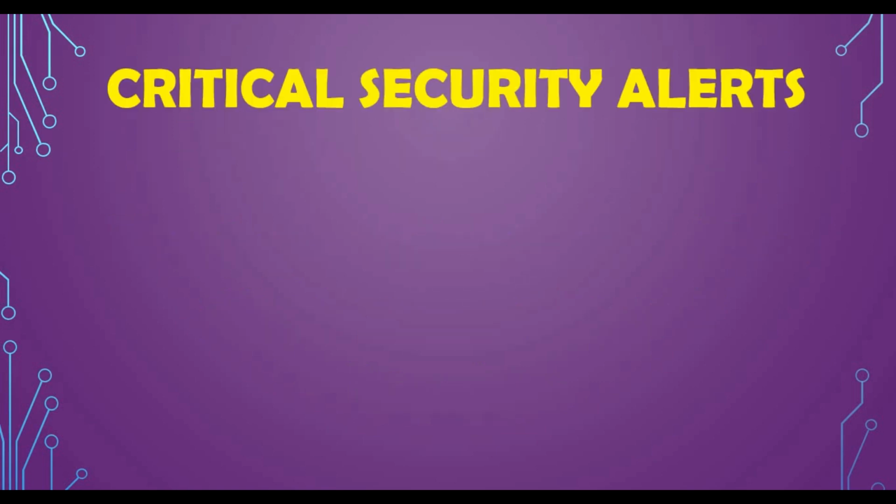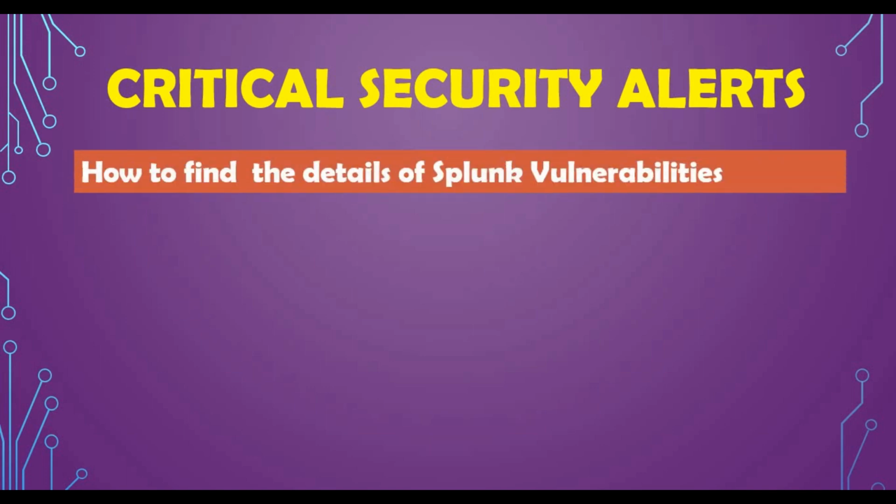What we want to understand as part of this video is critical security alerts for Splunk. If you are a Splunk admin, you may start getting vulnerability alerts based on identified vulnerabilities. What should we do in that case?